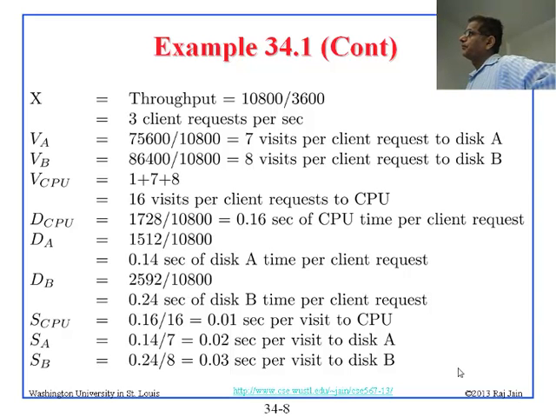We can calculate the service times, D_i upon V_i. S_CPU is D_CPU, 0.16, the total demand right here, divided by V_CPU, which is 16. So if you divide 0.16 by 16, you get per visit 0.01 seconds. Similarly, per visit for disk A is 0.02 seconds. Per visit for disk B is 0.03 seconds. So we just calculated that.